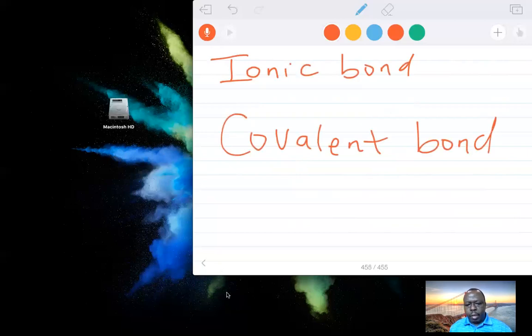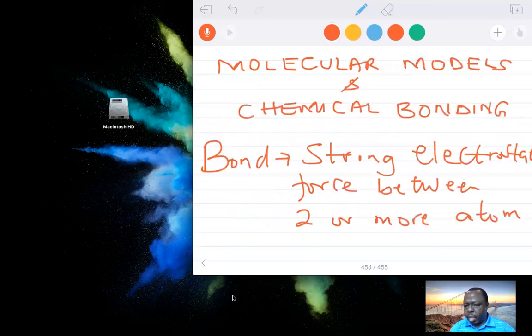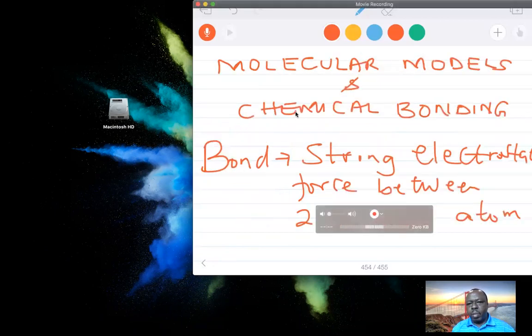We also have a metallic bond. We're not going to talk about this, but down the line, you will cover this type of bond as well. These are the types of bonds. What is relevant to this lab is the covalent bond, a bond between two non-metals. I've defined the chemical bond, just trying to break down the title.